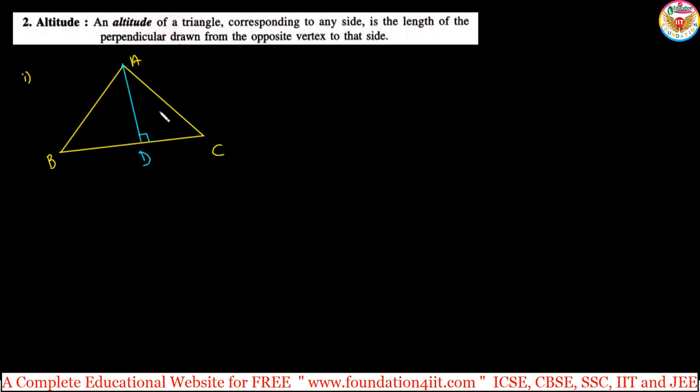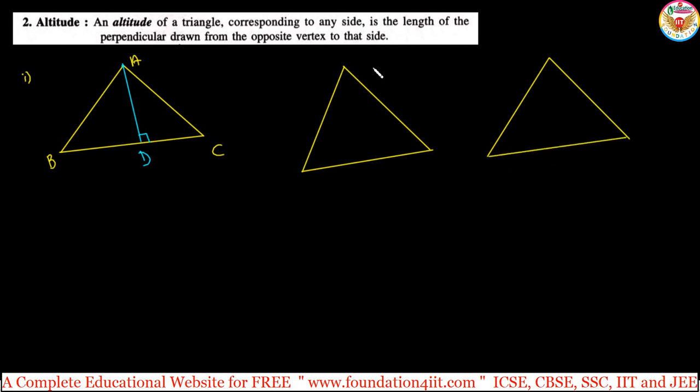If you join the midpoint, that is the median. If you draw a perpendicular to the base, that is the altitude. In the same way we can make three altitudes here. From every vertex, we can draw a perpendicular. Let me take the diagram, triangle ABC. From A we have drawn a perpendicular.